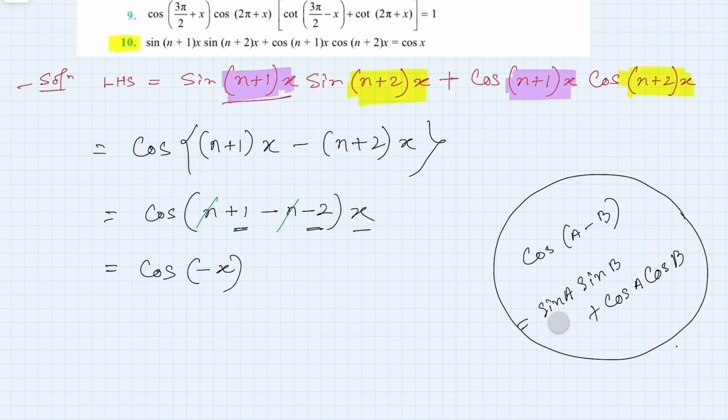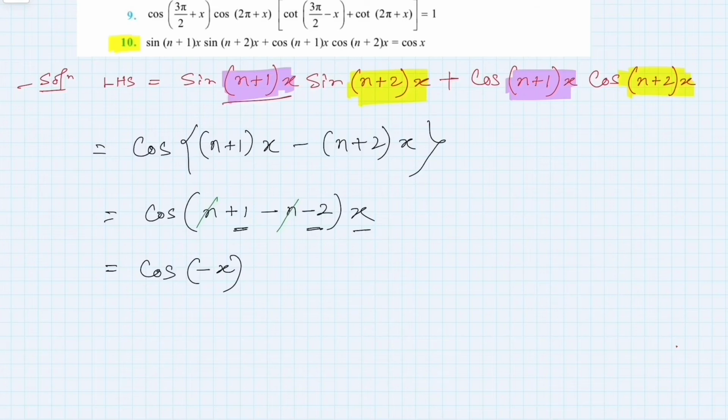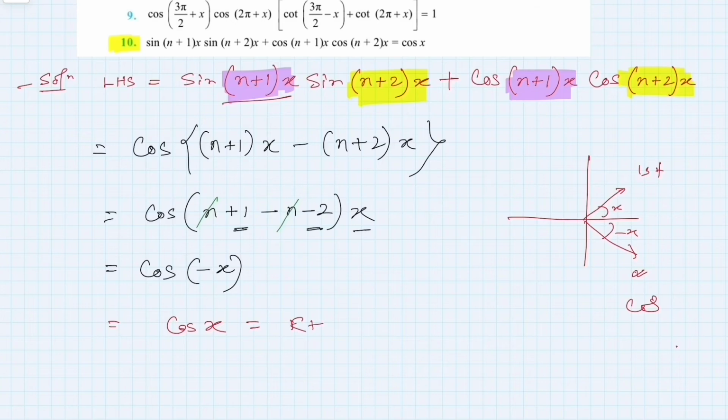And here you see, this is the first quadrant and suppose this is angle x, then this angle will be −x, and in the fourth quadrant cos is positive, that's why cos(−x) will be cos x again. Okay, this is cos x and this is the right hand side. Okay, that's how we can prove.